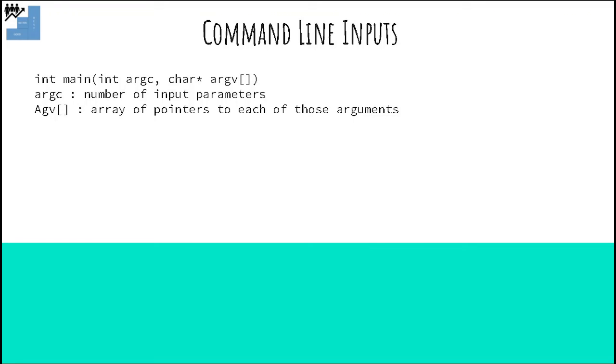we have command line inputs. Again, we have seen the input output from the input and output stream in the buffer. We have seen input and output using string. We have seen input and output using file. And now we are seeing input and output using command line inputs. How do we do that?